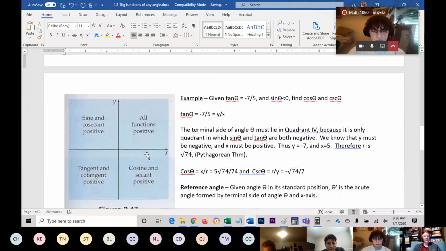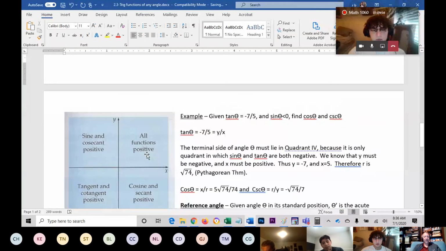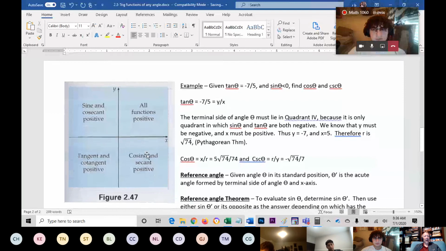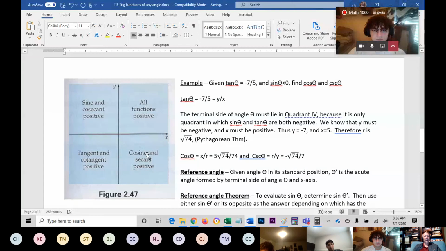All right, so now the question is, how do you know whether things are positive or negative? So all signs are positive in quadrant 1.